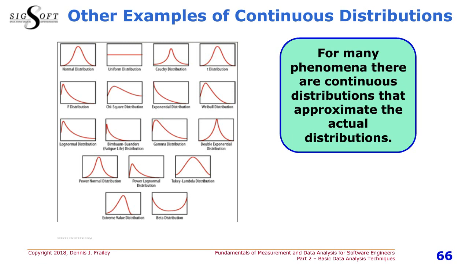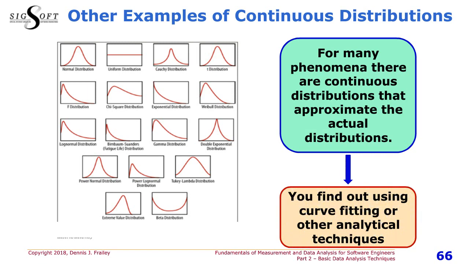So a lot of the time what you do is you look at the shape of your distribution and see which shape it seems to match. Maybe use a curve fitting technique. A lot of people with statistical backgrounds spend a lot of their time figuring out what distribution curve fits my data so that I can do analysis of the data.